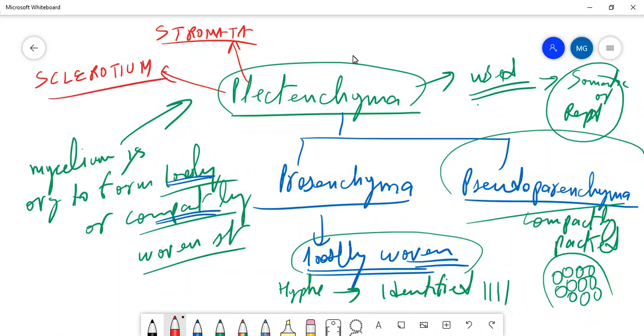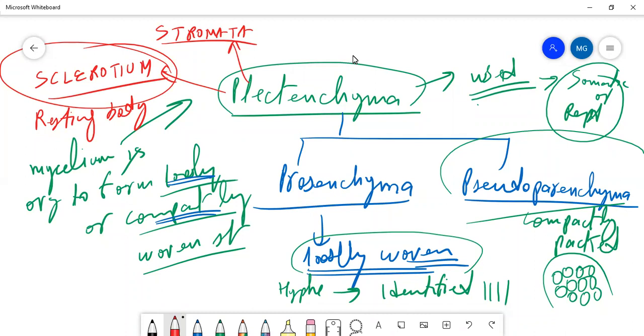So two structures can be formed. One is stromata, one is sclerotium. Is this very clear? This sclerotium, you have to remember, is a very hard resting body. This is like the rhizomorph we saw. Similarly, this is also a resting body to resist unfavorable conditions.